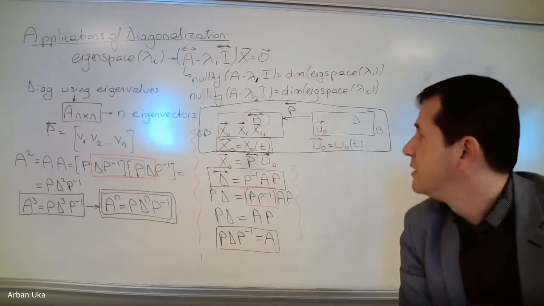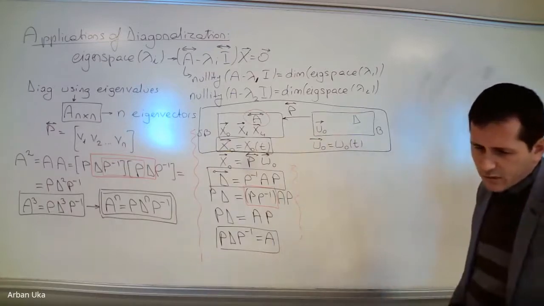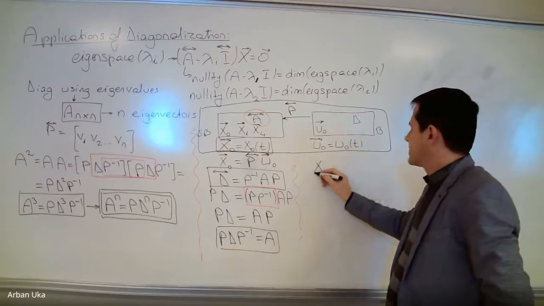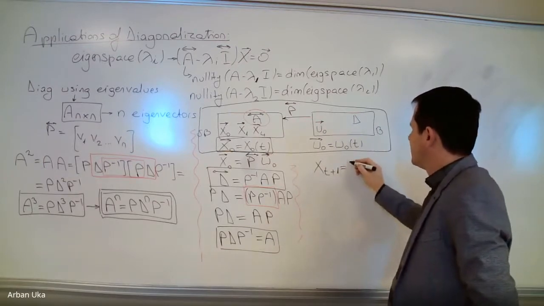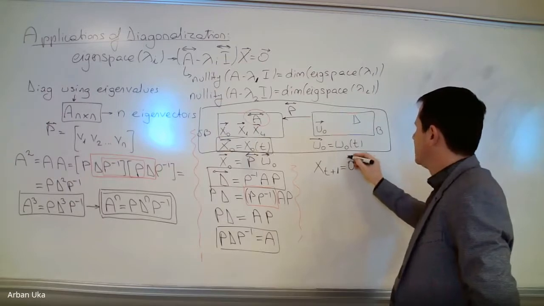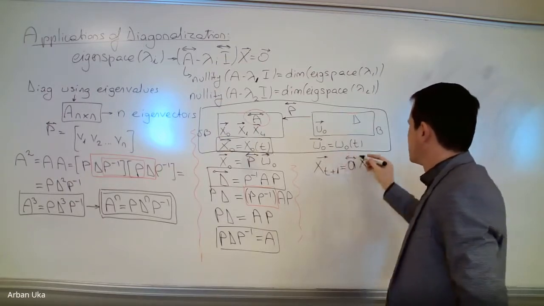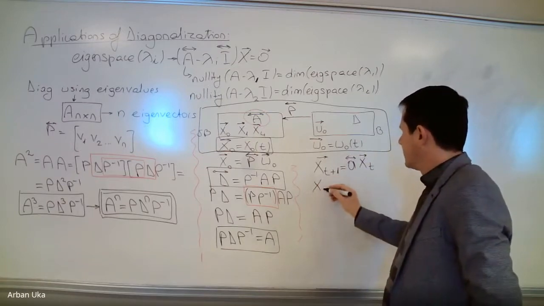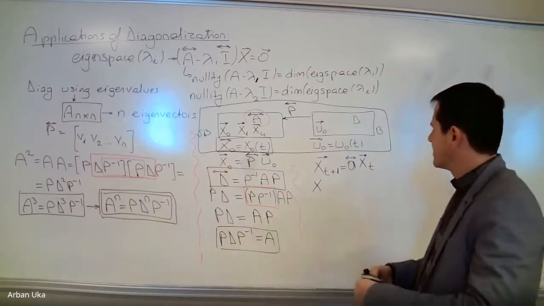This is the part on the board which can stay a little longer. Let me write it like this. We can have a problem which can be defined as follows. We can say that any x at a subsequent instance can be described as a matrix A times xt. This is a vector, but you can also think of this as if it's not a vector, just a single entry.